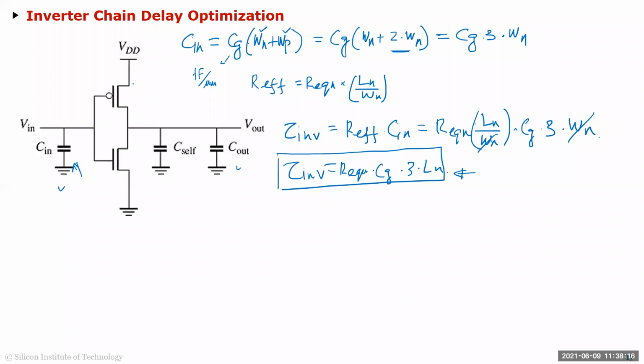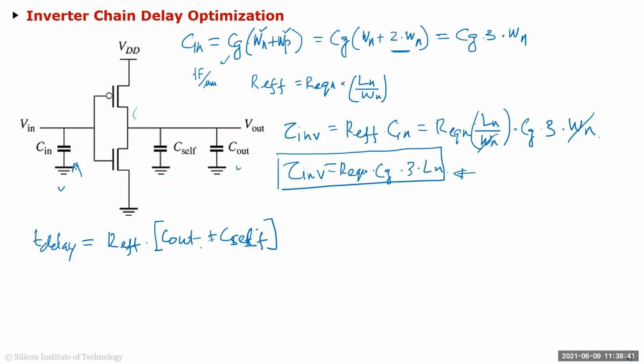Now the delay for the rise time and fall time for the output, T delay, is going to be R effective, either P or N, and we're trying to keep all of them the same, times C self plus C out, right?